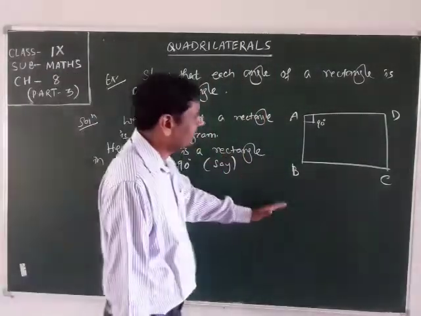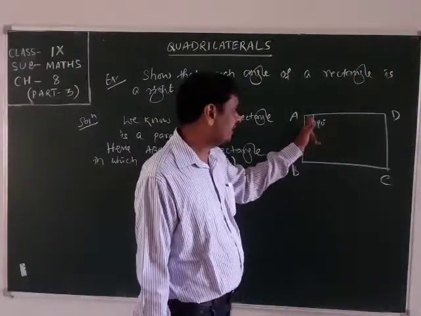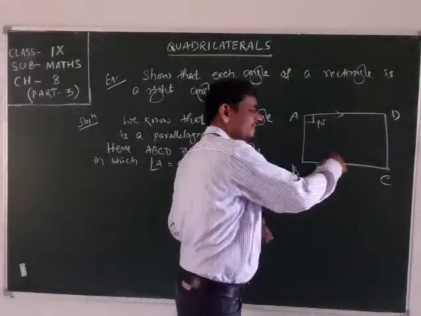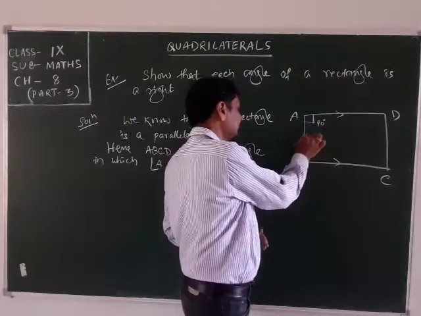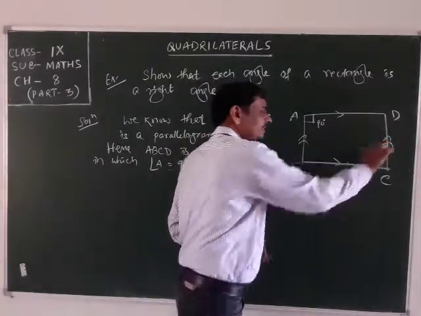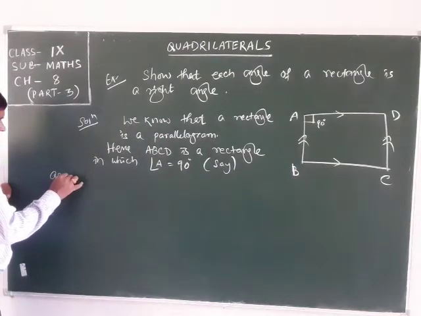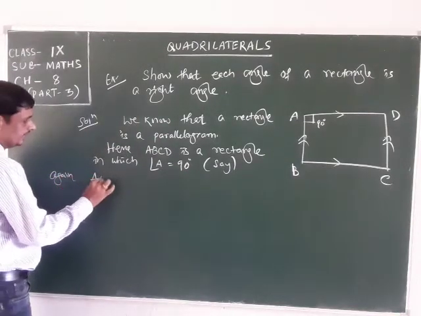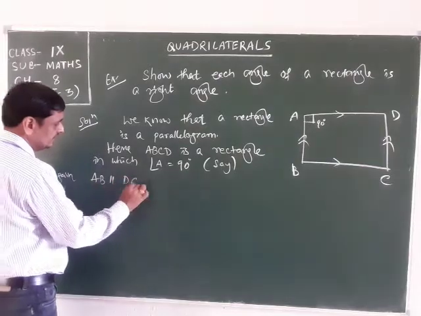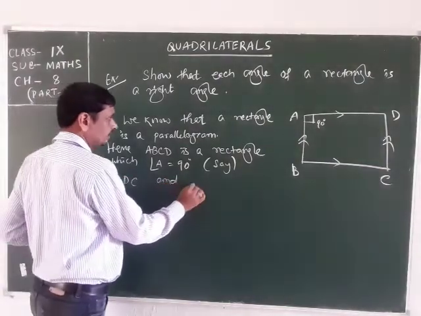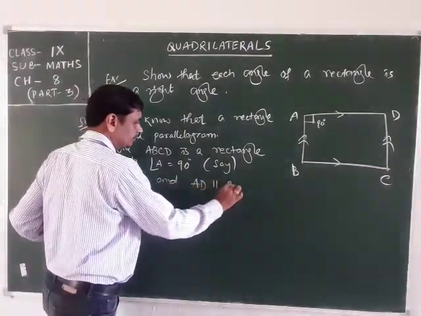Now, since ABCD is a parallelogram with angle A 90 degrees, AD and BC will be parallel, and AB will be parallel with CD. Again, AD is parallel with BC.